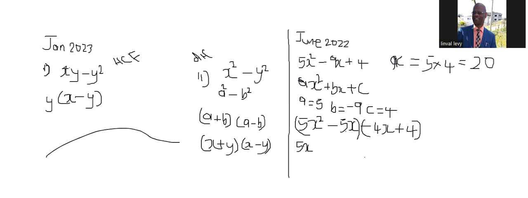Open bracket. Then we can divide. So we say 5x squared divided by 5x. Remember, x squared means x times x. So 5x squared divided by 5x would be x, minus 5x, 5x divided by 5x is 1.